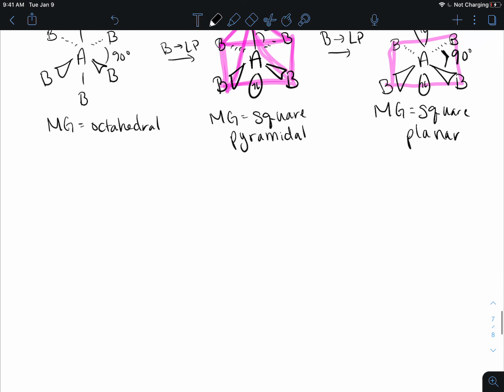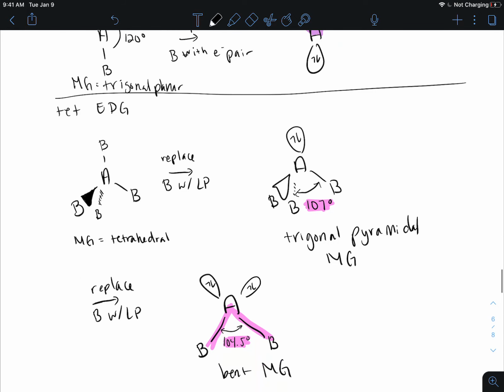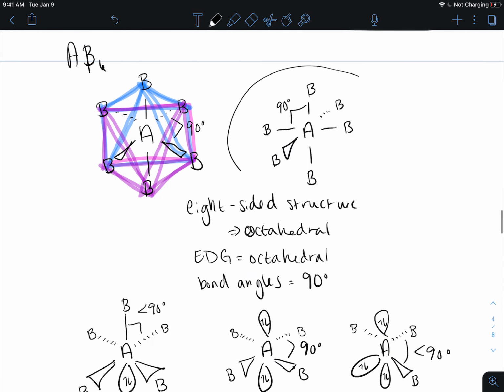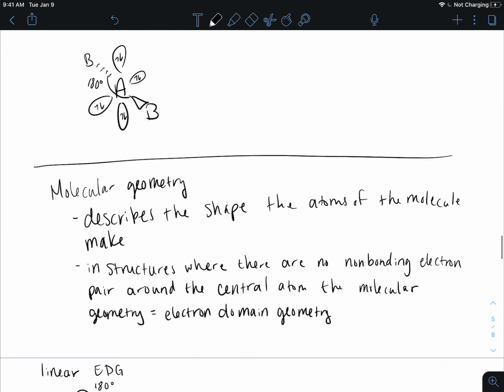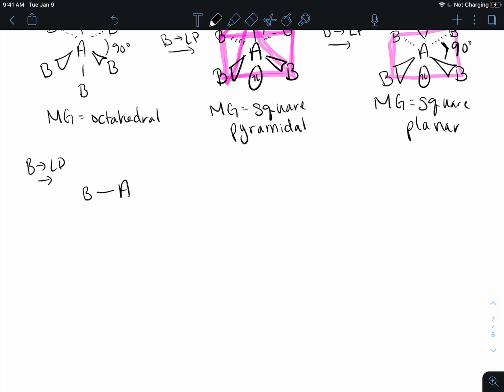Okay, our next replacement of our B with a lone pair. Next one doesn't matter. I'm going to write this a little bit differently than I have been. So I'm going to go back to this one right here, and use this one instead, just to let you guys see what the shape looks like.